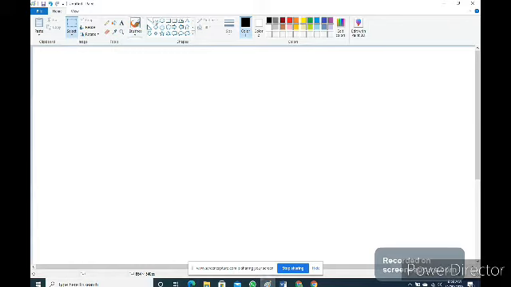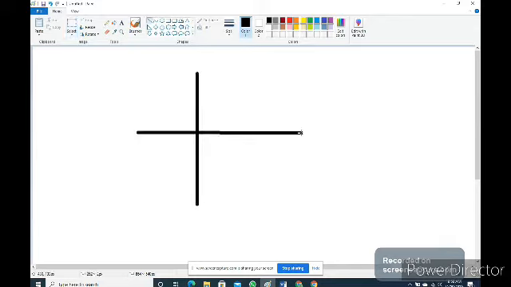Let's take these quadrants. So here we have coordinate geometry. Just add the variables and convert it.